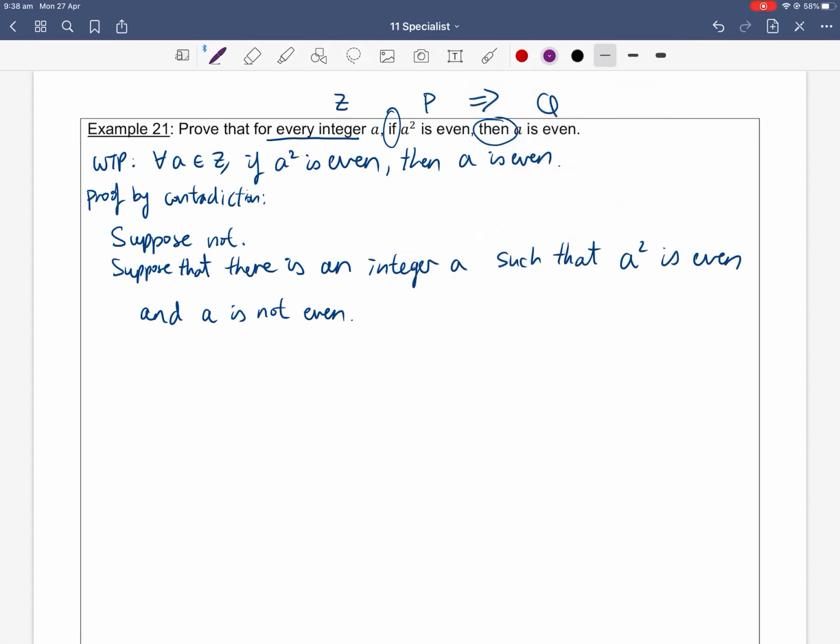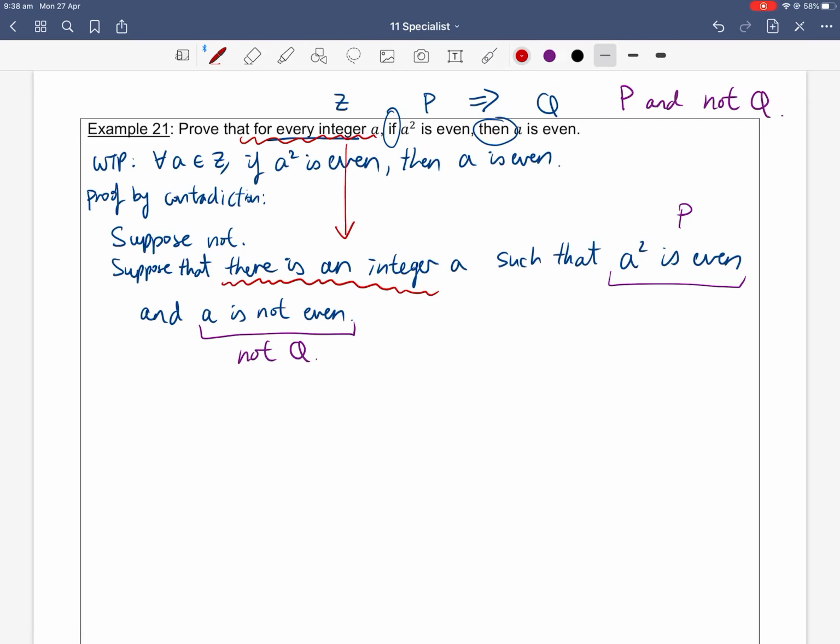Remember, the opposite of P implies Q is P and not Q. So this is my P, a squared is even. This is my not Q. And take note that because we started off with for all integers a, we link that up with there is an integer a such that a squared is even.